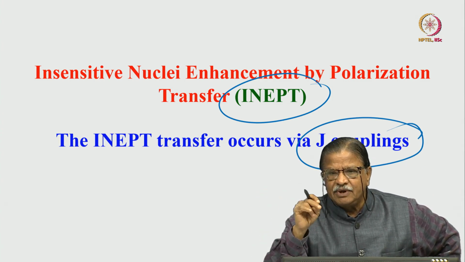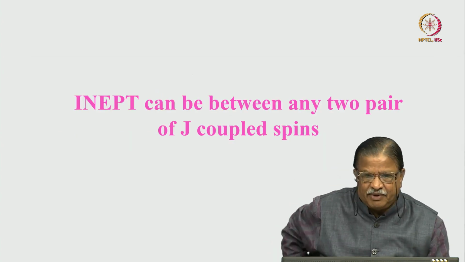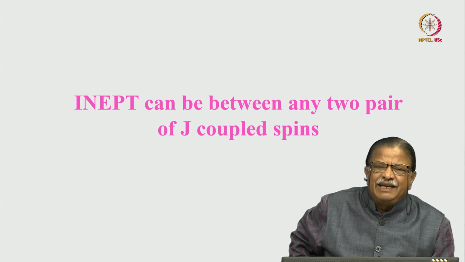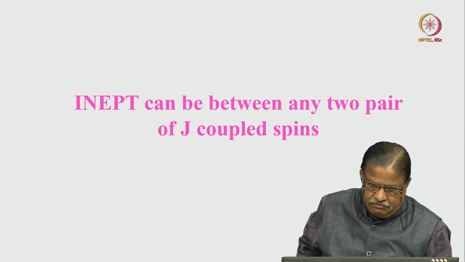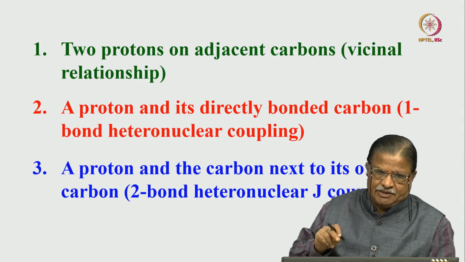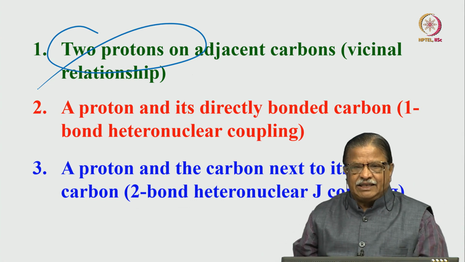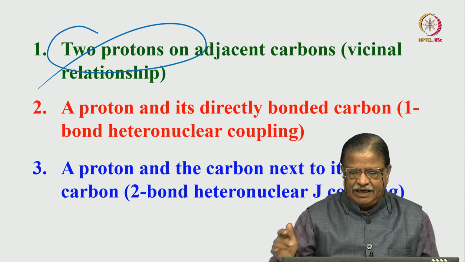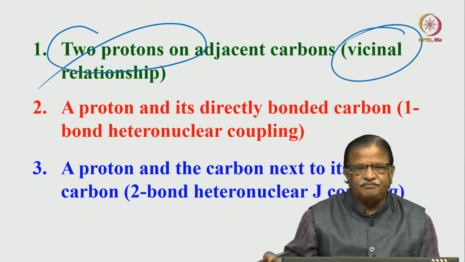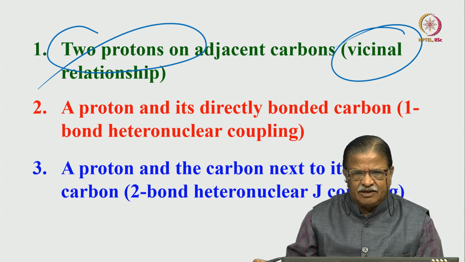For INEPT, J coupling is important, and it happens only through J coupling. INEPT can be done between any two J coupled partners. It need not be only heteronuclear spins. For example, it could be 2 protons on adjacent carbons, that is, if there is a vicinal coupling, or 2 protons on the same carbon. That is also possible.